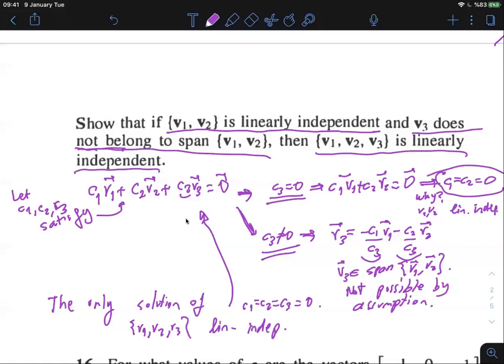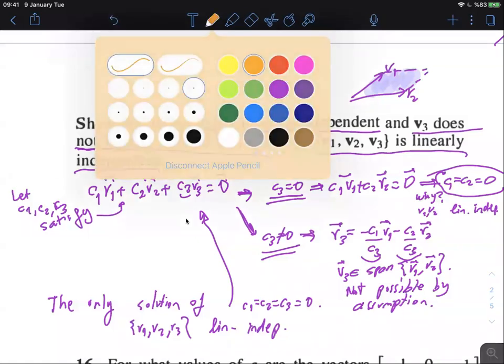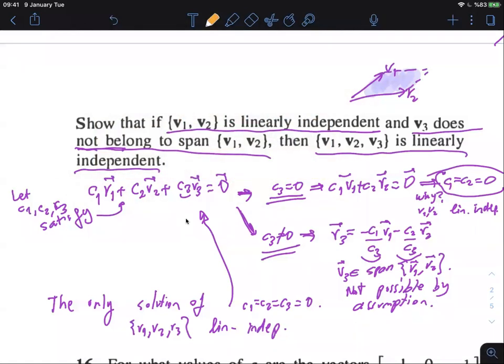Okay, so what this is saying is, if you have two vectors, you have a plane here, right? These two vectors form a plane, and if you choose another vector which does not lie on this plane, something like this, then this means these three vectors are linearly independent.